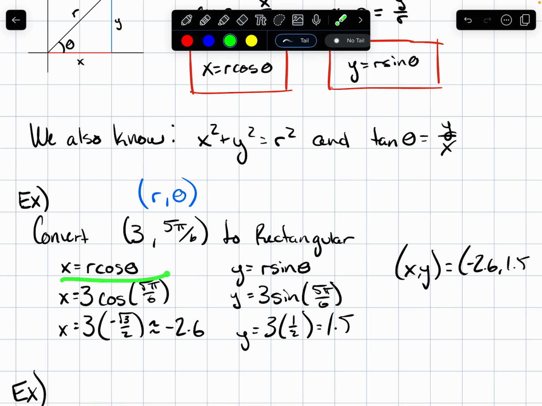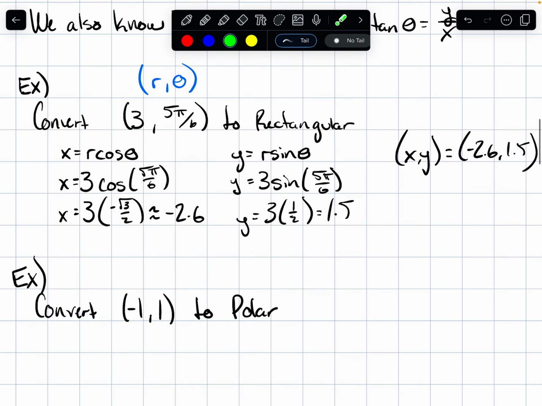So once again, all I did is I used this r cosine and r sine of theta to relate to x and y and plug in my radius, or my distance, and that angle into these formulas. So that's going from polar to rectangular.